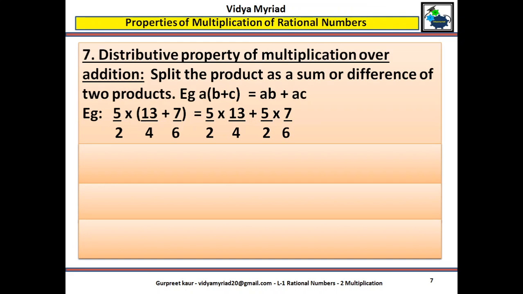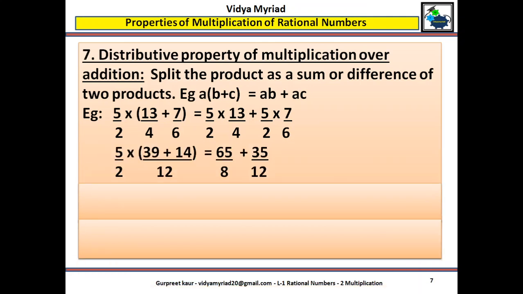In the left hand side, I have arranged it as A multiplied by (B plus C), whereas in the right hand side, I have arranged it as A multiplied by B plus A multiplied by C. When I solve the left hand side, 13 upon 4 and 7 upon 6 is given in the bracket, which means you need to solve it first. Take out the LCM of 4 and 6, which is 12, and solve it.